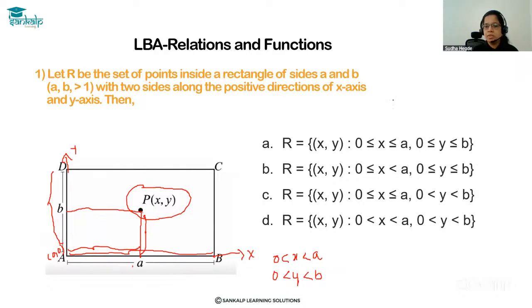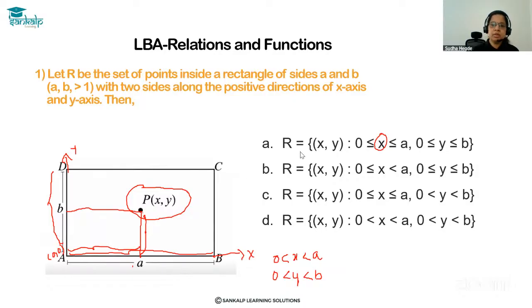First option, R is equal to {(x, y): 0 less than or equal to x less than or equal to A, 0 less than or equal to y less than or equal to B}. See, this x cannot be 0. Therefore, option A can be discarded.